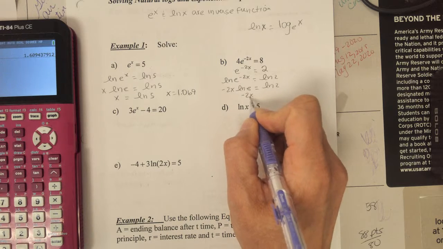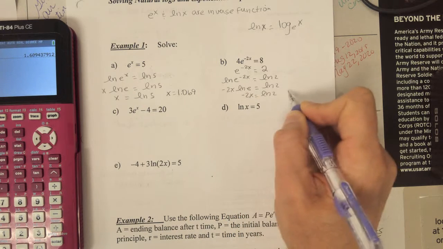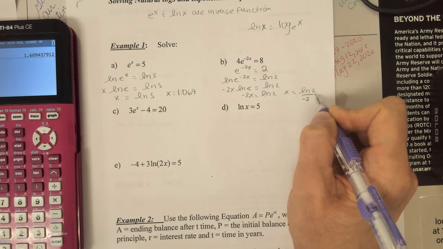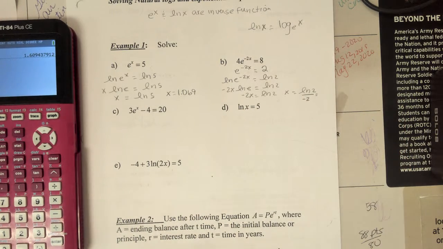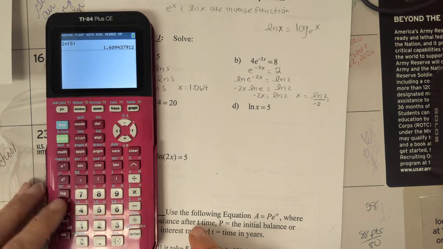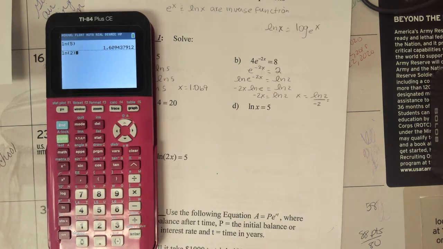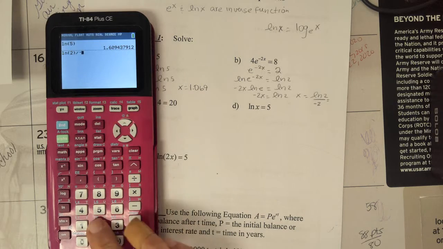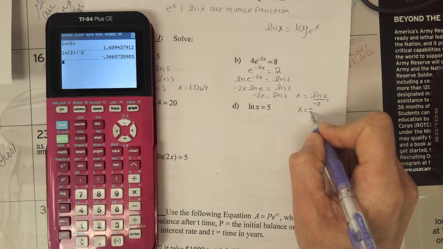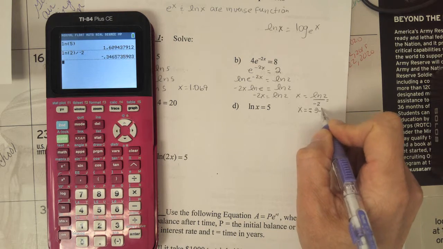I'm left with negative 2x equals the natural log of 2. And x equals the natural log of 2 divided by negative 2. So coming over to my calculator, natural log of 2, make sure you close those parentheses, divided by negative 2. So we get x equals negative 0.347.